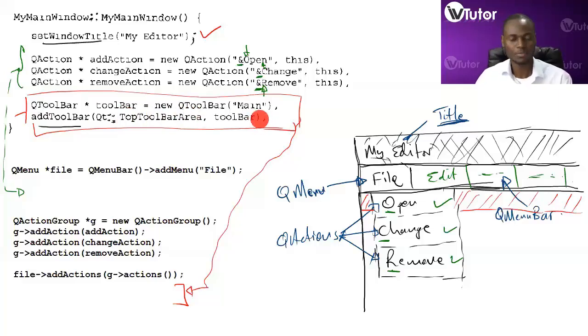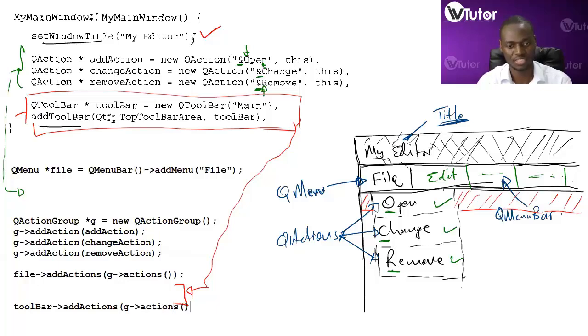Now, the last step you would also want to do is put your actions on your toolbar so that you can have nice shortcuts on your toolbar, like the ones that we were showing before. To do that, you can simply go toolbar.addActions, and I can simply use my group, group.actions.